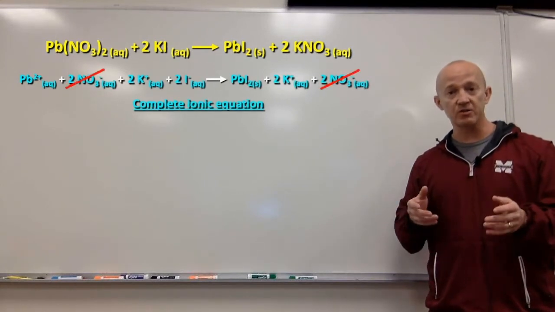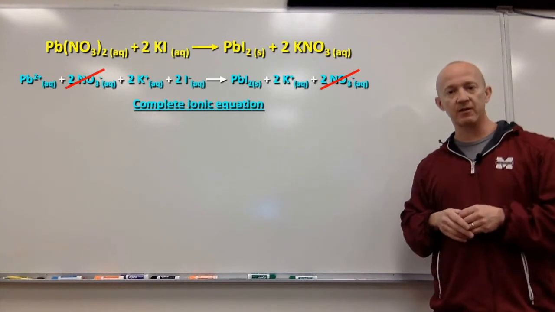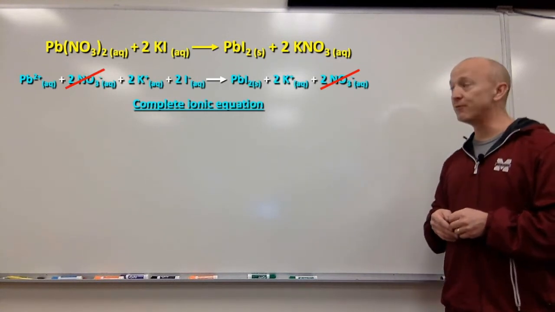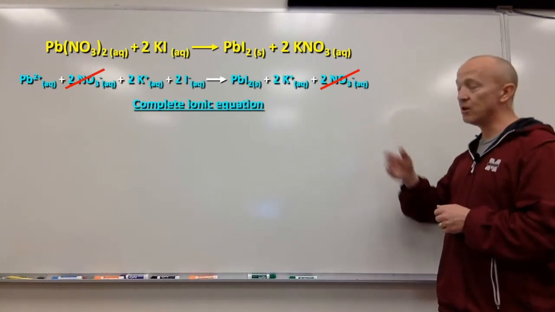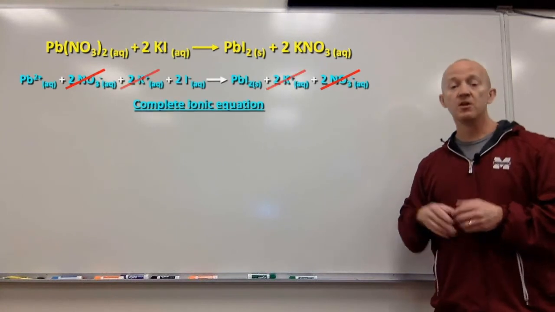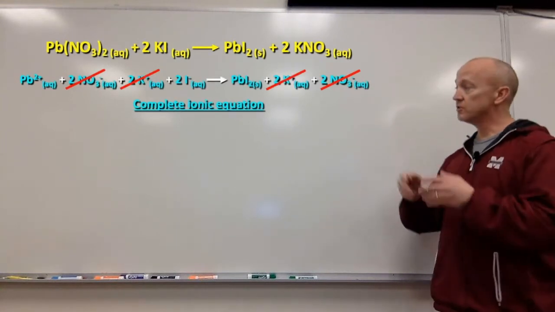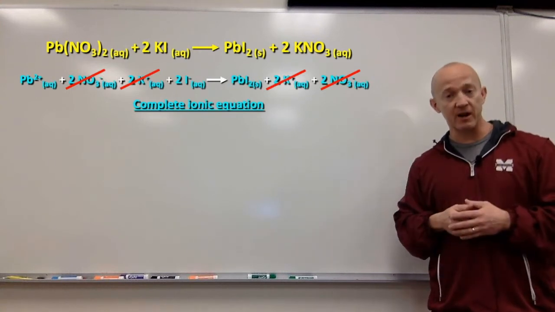They haven't changed. Therefore, those are spectator ions. We'll cancel those out. The same can be said for the 2 potassium ions on the left side. No change from the right side, in which we see 2 potassium ions there as well. So we'll cancel those out. The potassium ions and the nitrate ions are our spectator ions.